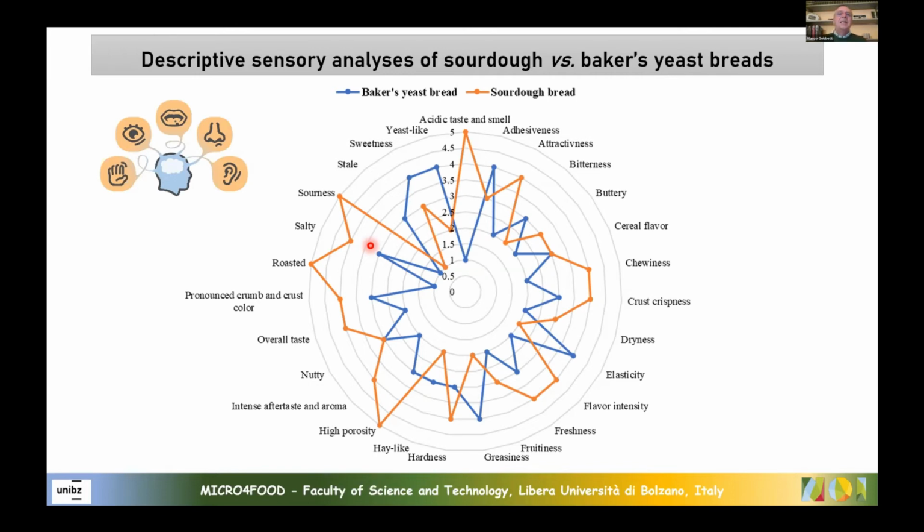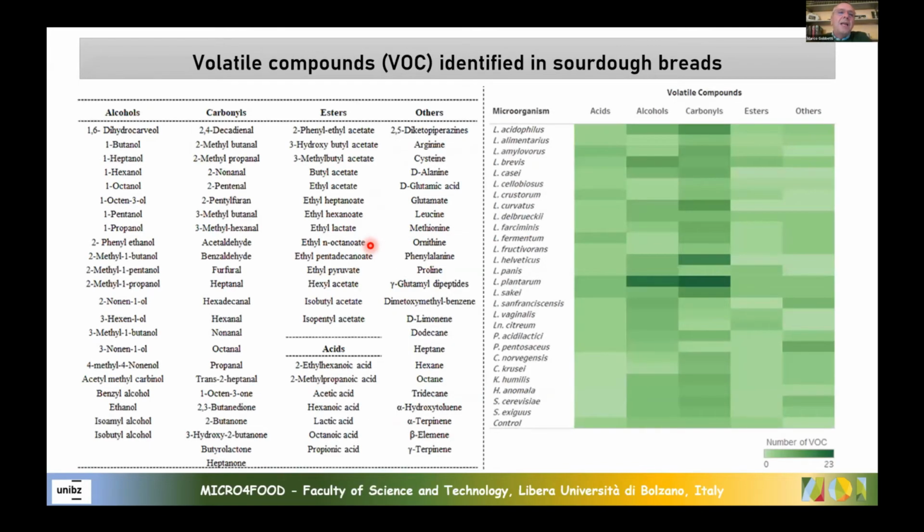Why this sensory profile? Because this is a list of a number of chemical compounds that you can find in the bread or other baked goods which are made with a sourdough, which are strictly related to the species that you can find in the sourdough.